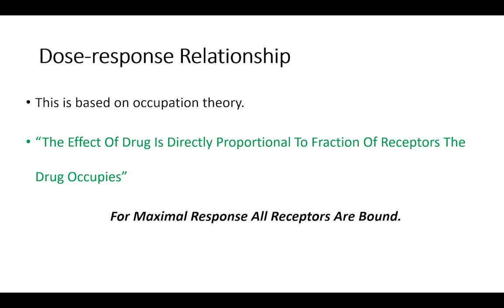And it is based on the receptor occupation theory, which states that the effect of the drug is directly proportional to the fraction of the receptor the drug occupies. For instance, for a maximum response, all receptors are bound by the drug.